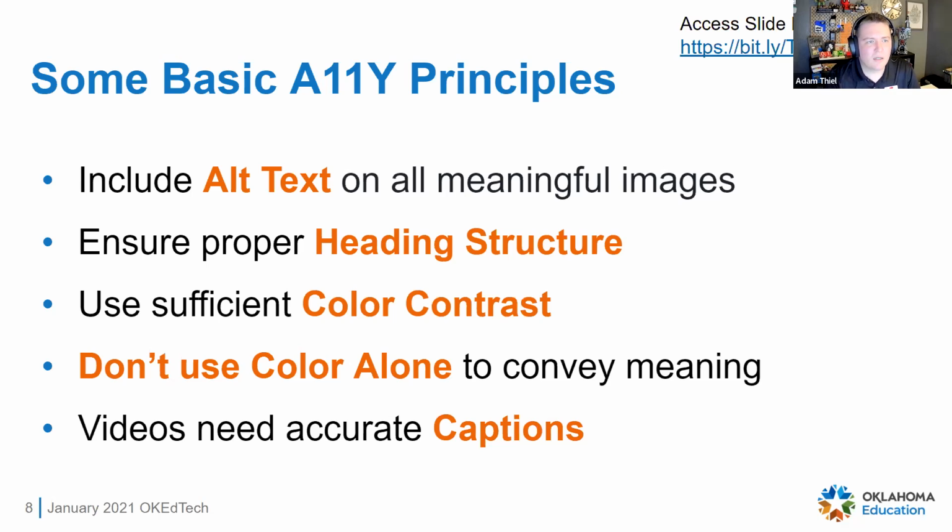Today I'll be talking about how to include alt text on all of your meaningful images, how to ensure a proper heading structure for your documents, and how to use sufficient color contrast so that people are able to see your content. Along with color contrast, you also want to avoid using just color to convey meaning.